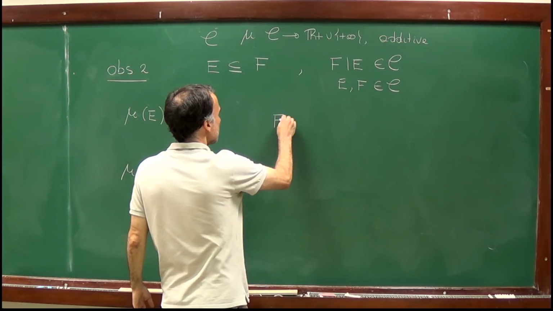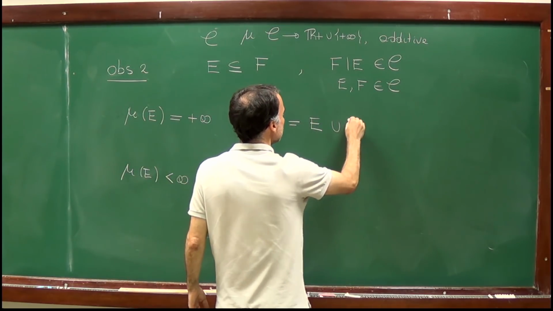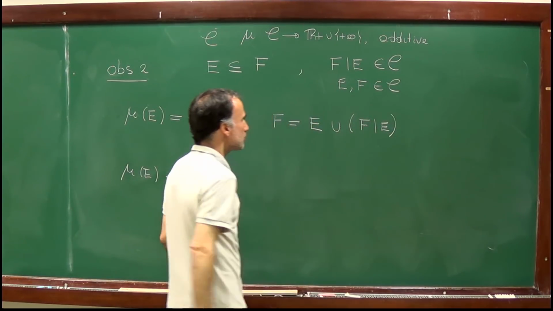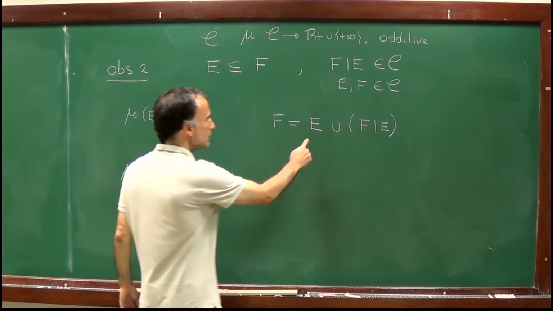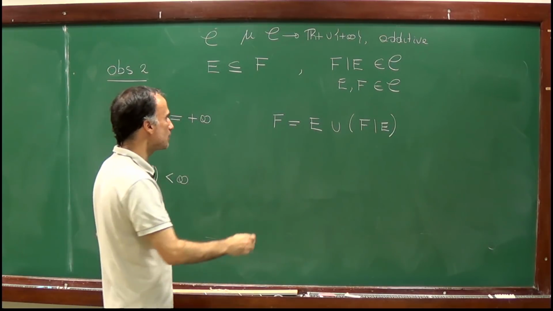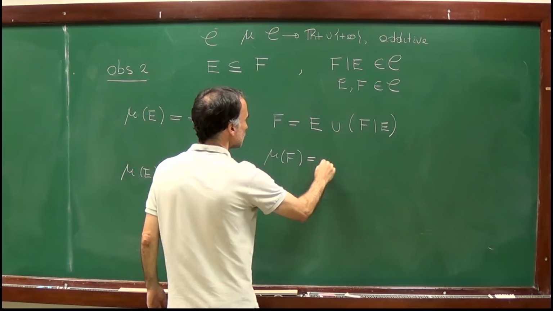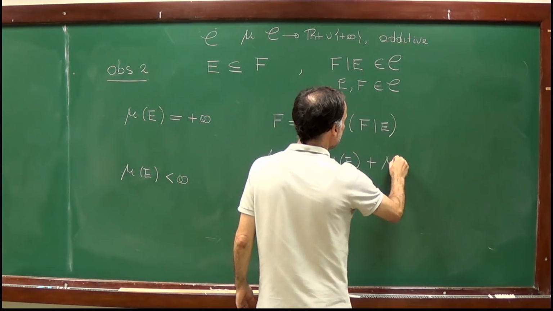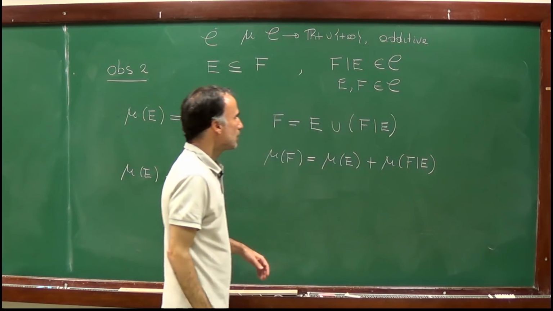We can always write F as the set E union F minus E, because E is contained in F. Clearly, these two sets are disjoint. If mu is additive, we can just write that mu of F is equal to mu of E plus mu of F minus E. Right?